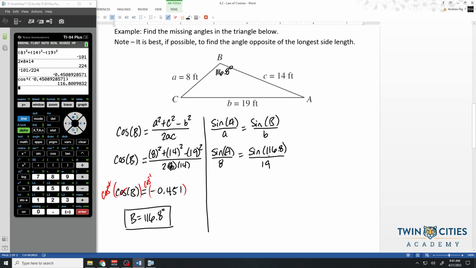So we'll cross multiply. So when we cross multiply, we'll get 19 times the sine of A is equal to 8 times the sine of 116.8.